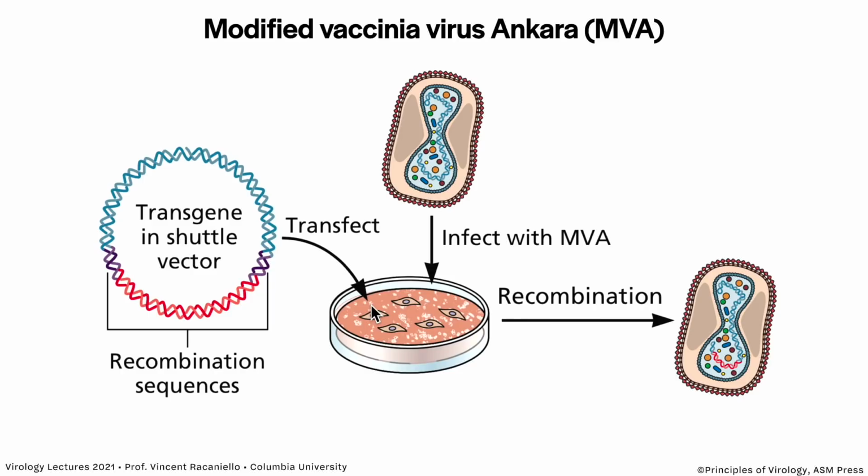You introduce this plasmid into cells that have been infected with, in this case, MVA, and these viruses recombine like crazy, and out come your desired recombinants. You have to screen for them. You can do plaque verification and genome sequencing and verify that it's there. But that's how we make these, and it's really easy to do that.